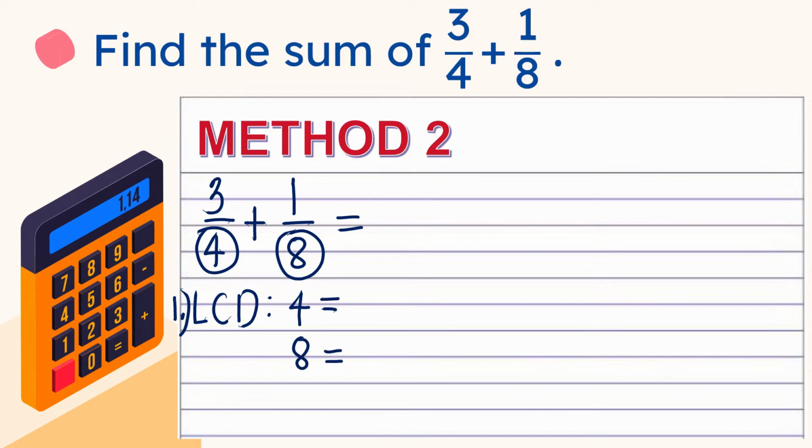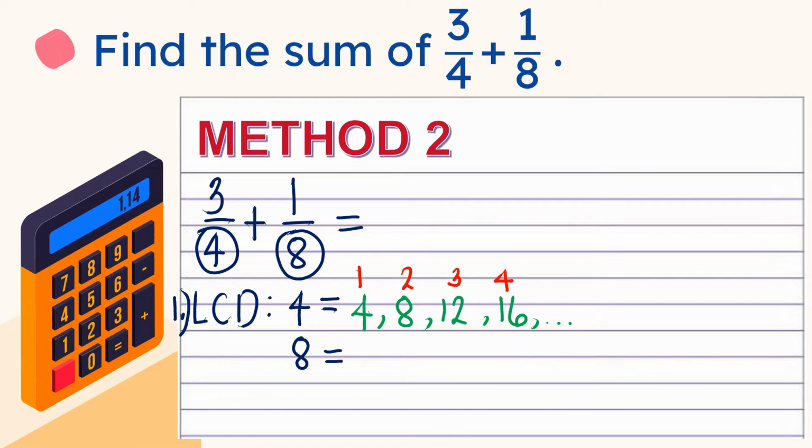When we get the multiples, what we need to do is just to simply multiply it by 1, by 2, by 3, by 4. Okay, so 4 times 1, that is equal to 4, comma, 4 times 2 is 8, 4 times 3 is 12, 4 times 4 is 16. Now, so on and so forth, okay? Pwede pa natin kasi yan maituloy.